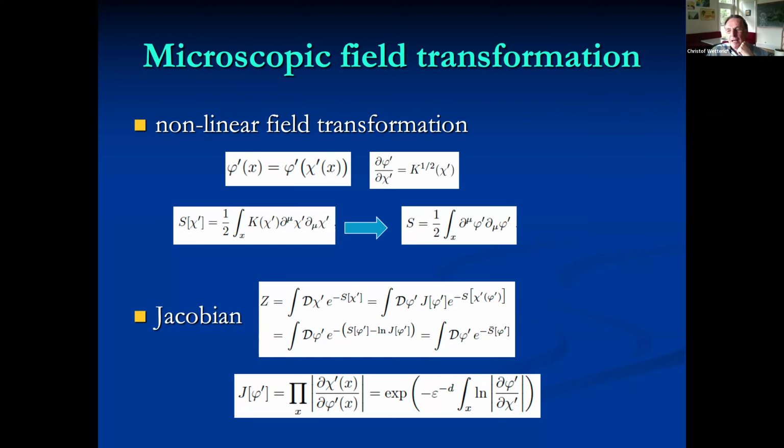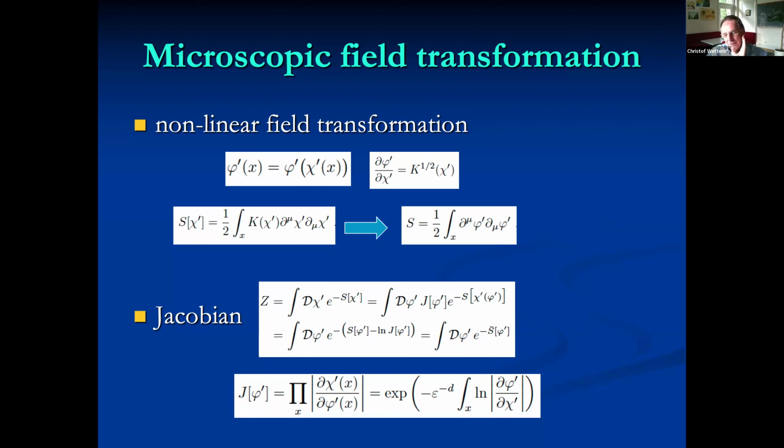That sounds harmless, but in practice it is often pretty annoying, because otherwise you would say, okay, I just take the Jacobian into account, and that's it. But in practice, if you really want to do this procedure with the explicit Jacobian, you need to specify how you regularize it exactly.